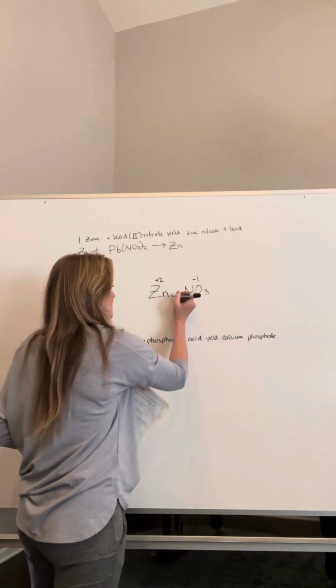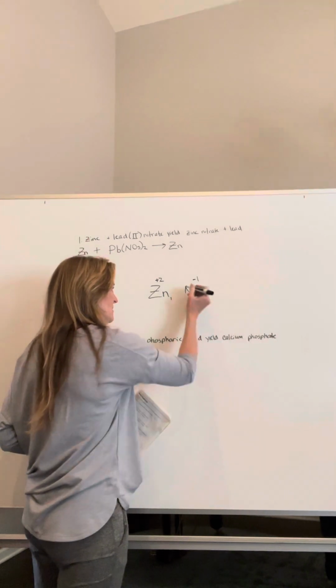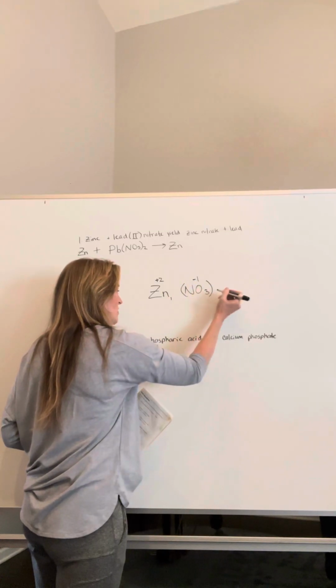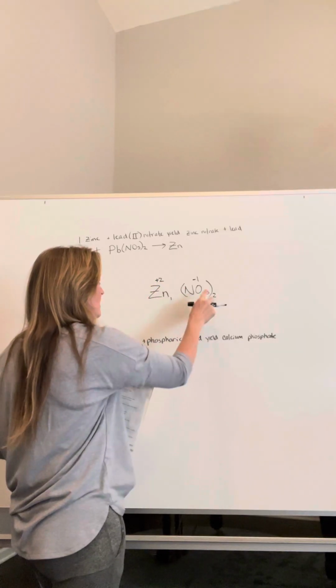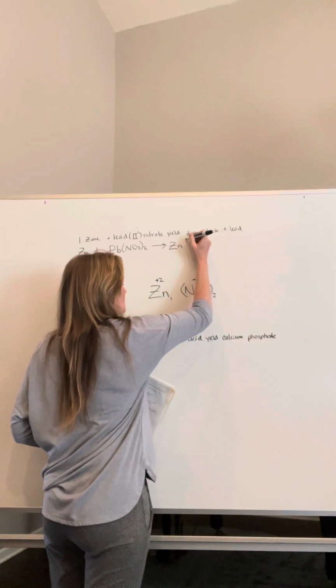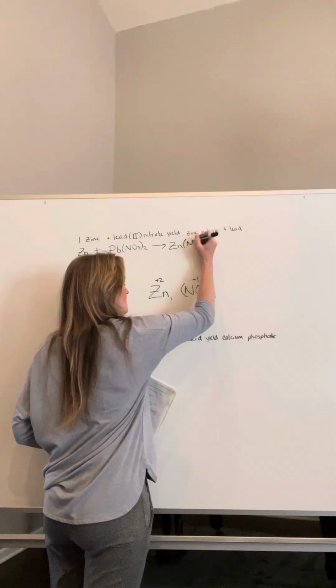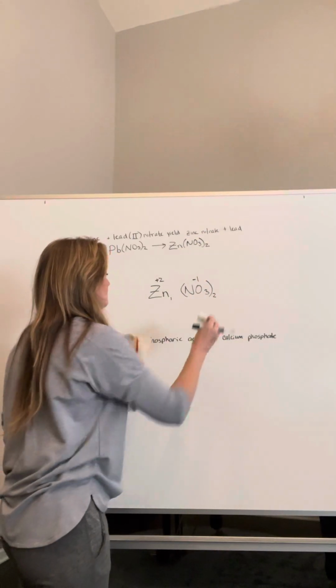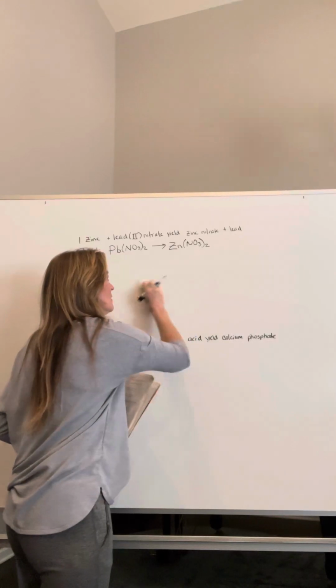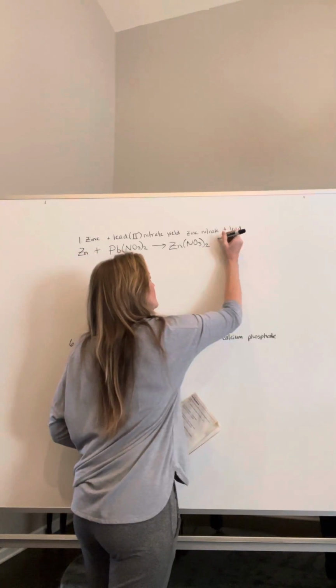So whenever I crisscross that, I'm going to have 1 zinc, remember it's the absolute value, and since I've got more than 1 nitrate, I'm going to put it in parentheses and add the 2 there. I'm going to bring that 2 down there. So it's going to be zinc, 1 of those, and then nitrate, 2 of those. And it yields lead.